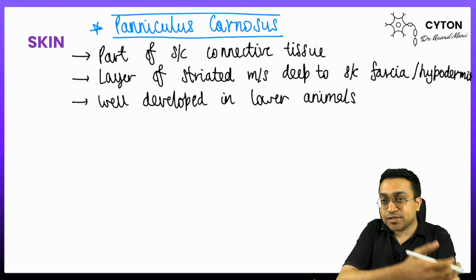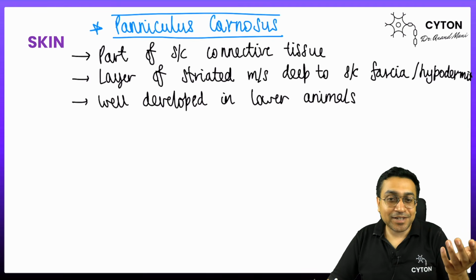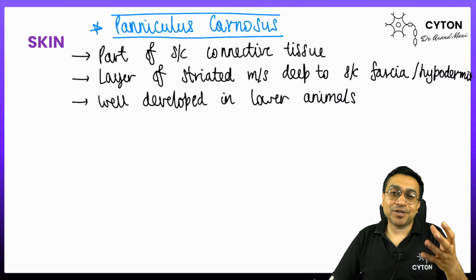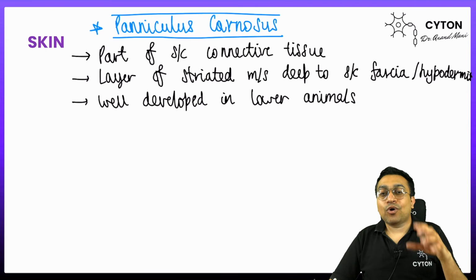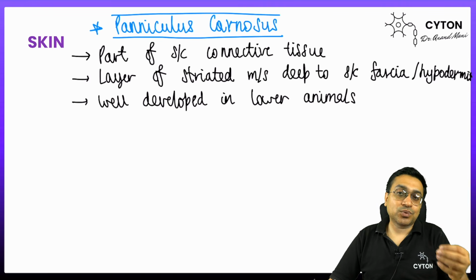Now as humans have developed, surprisingly those muscles have come to the face. You make tons of expressions in 10 seconds due to the usage of this. We will discuss in the face chapter in head and neck that all the muscles of facial expression are attached to the skin.